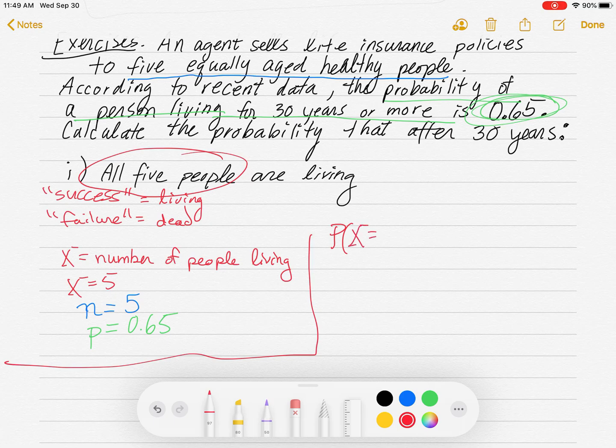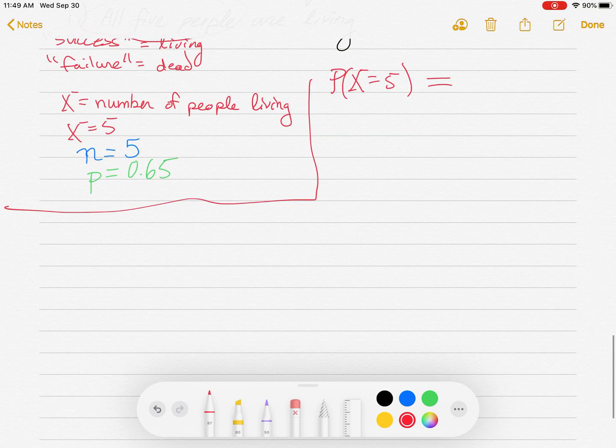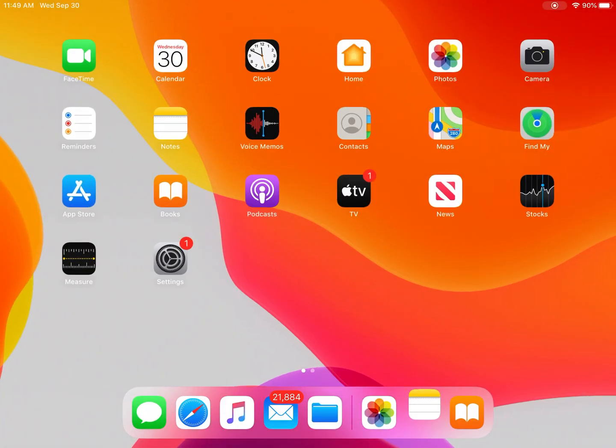So the way we write this, we write the following. The probability that x equals 5, that means the probability that the number of people living is still 5, is equal to, we're going to go into a table called the binomial table. So I'm going to pull this up on my screen.